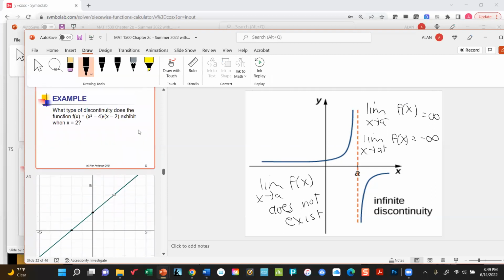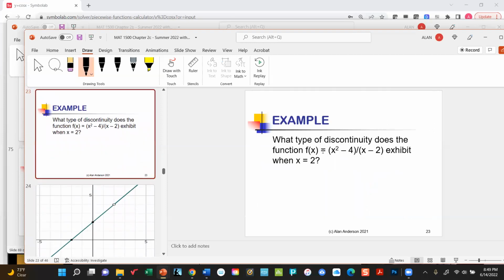Now, here's an interesting question. Suppose I gave you a function and said, well, we know that this function, if we try to take a limit, we're going to have a problem. Division by 0. Oh, whoops, sorry, it's 2.